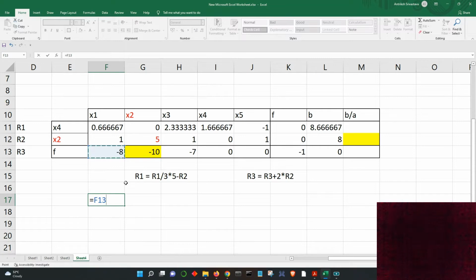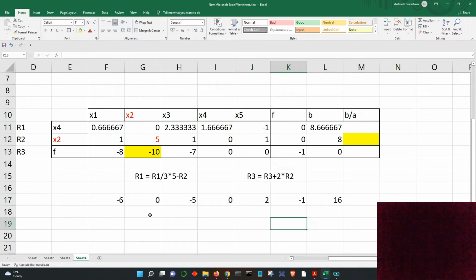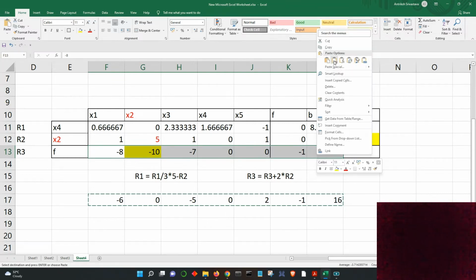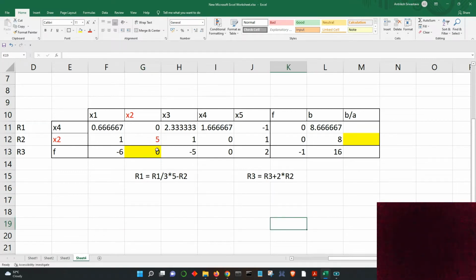So this is R3 plus 2 into R2. Can we extend it? Now we can replace the values that are here. So we have to replace as values. So now we have made all the other elements for this particular column 0 and we have x2.